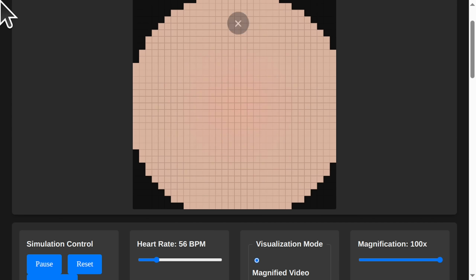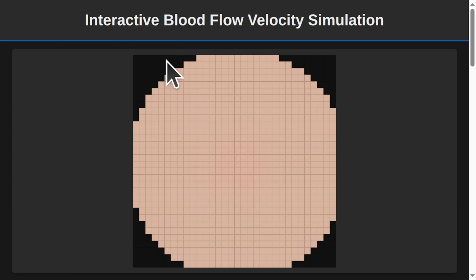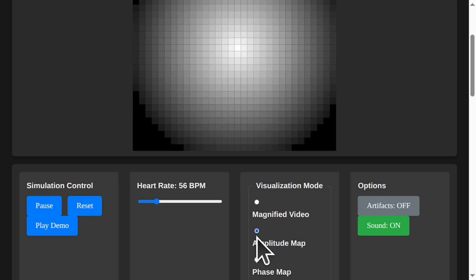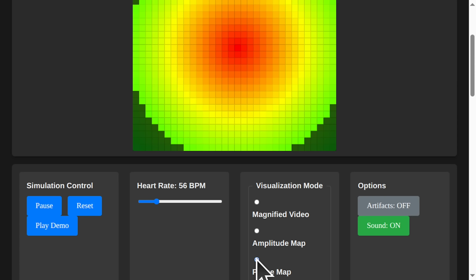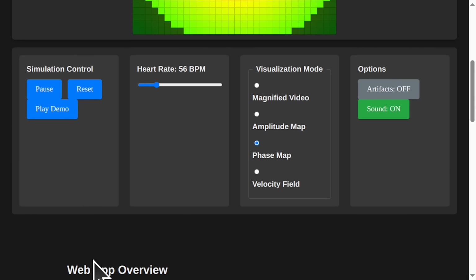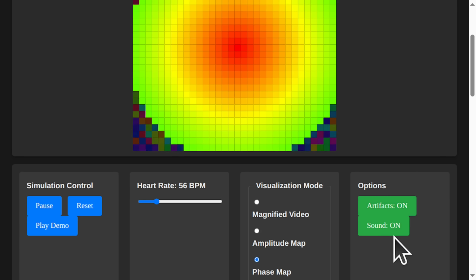Okay, so we have this demo of this synthetic data simulation. We have another simulator, but first, we're trying to improve a few things. Obviously, the amplitude map and the phase map. The noise was working, but the heart rate actually not changing anything.